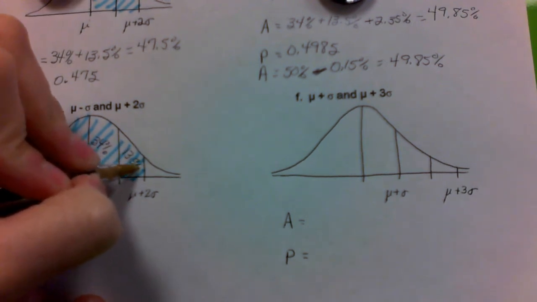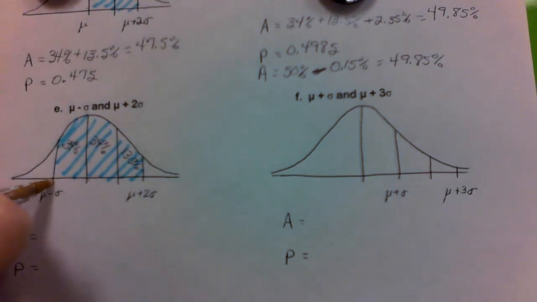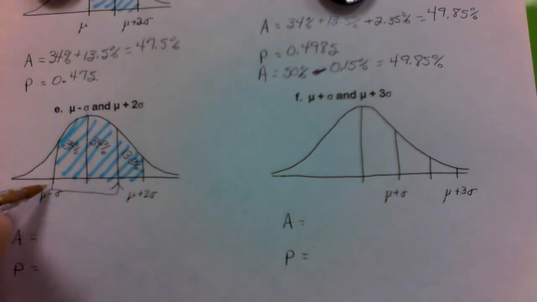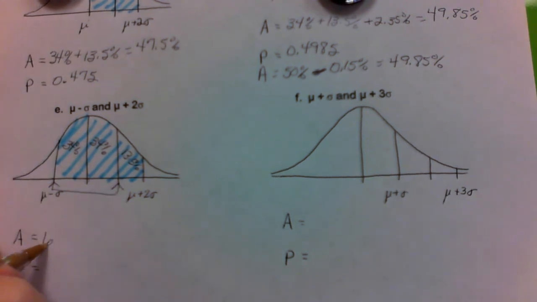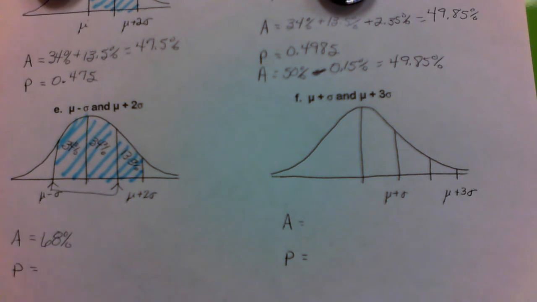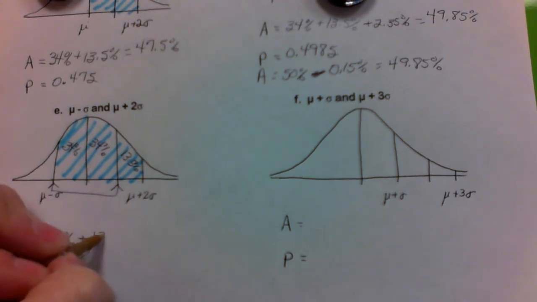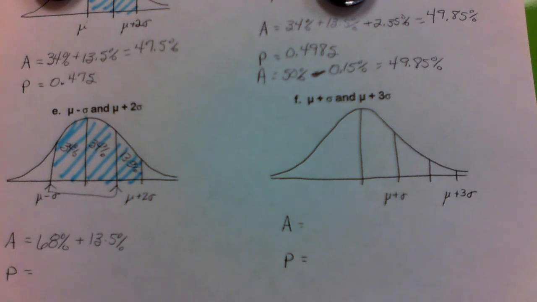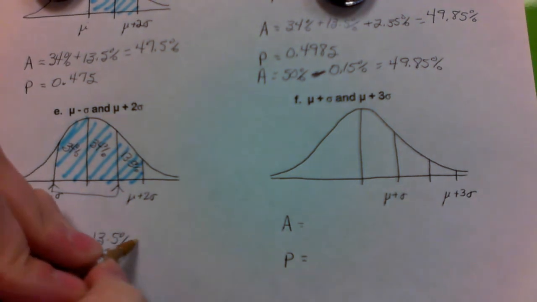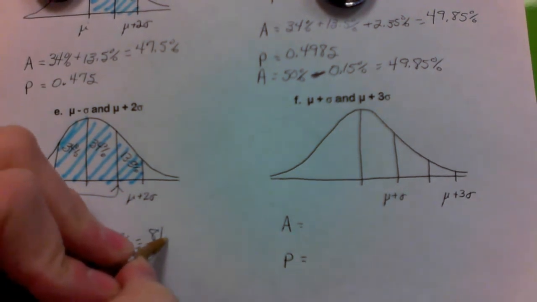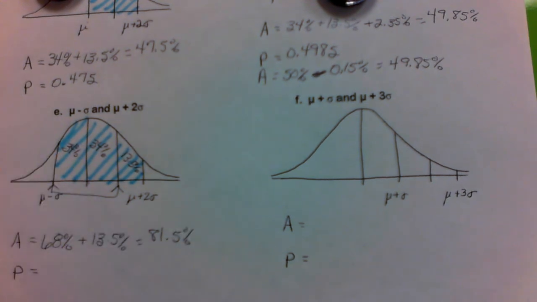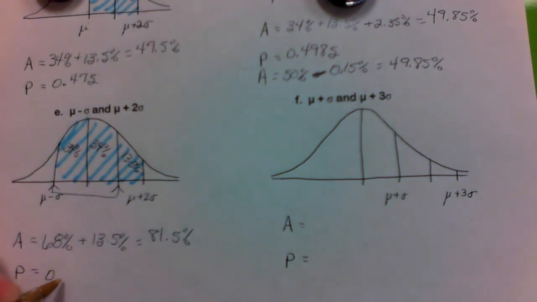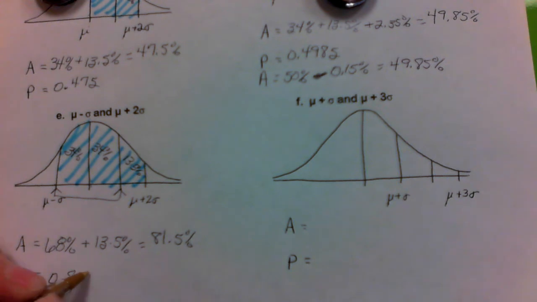Now, we talked about the empirical rule that said within one standard deviation is 68%. So if you recognize that, or obviously 34 plus 34 is 68%, plus the 13.5%, you add those together and you get 81.5%. As a probability, we would write it as 0.815.